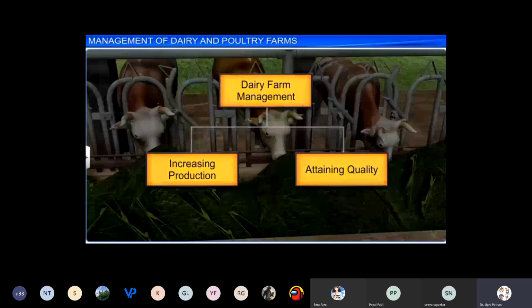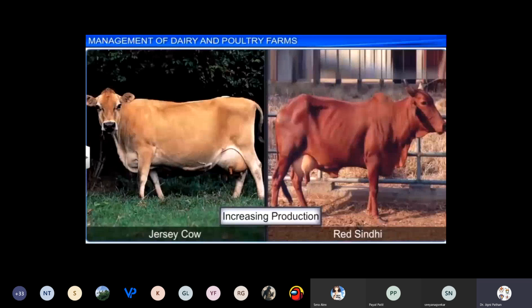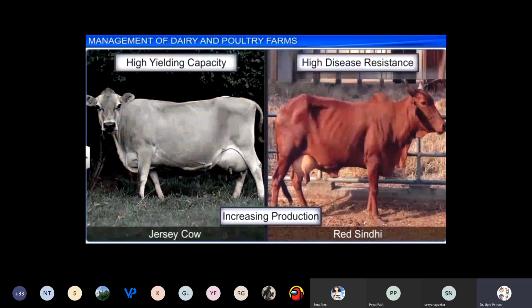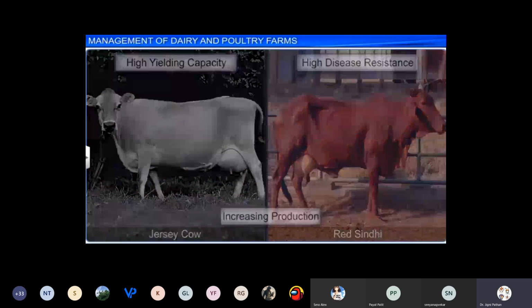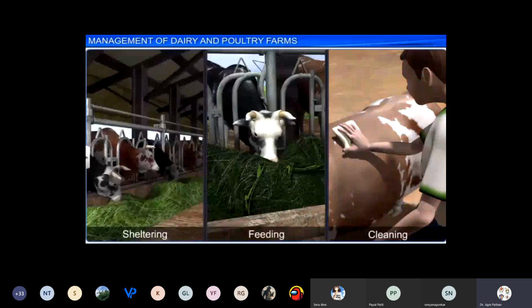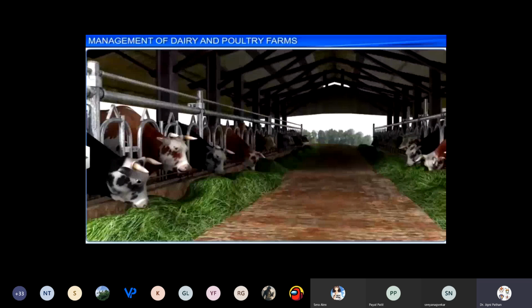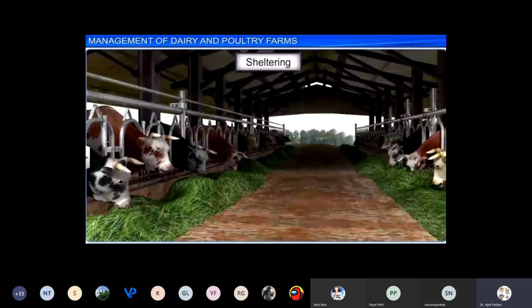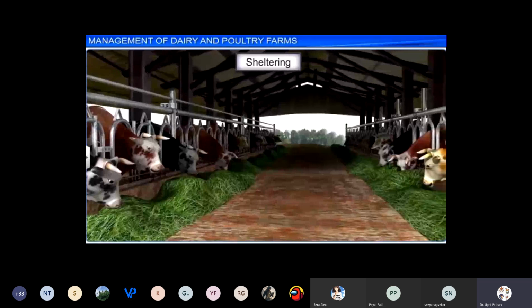One of the key factors for increased milk production is breed selection. Good breeds have high yielding potential and high resistance to disease. Apart from the breed, proper sheltering, feeding, and cleaning of cattle are essential to obtain high yields of milk. Sheltering involves providing a clean and disease-free environment with sufficient ventilation and water for the animals.